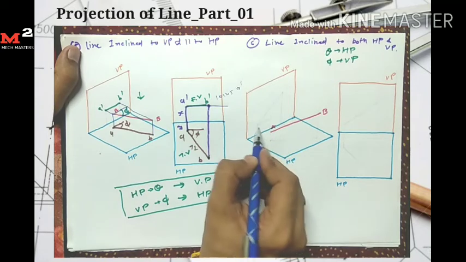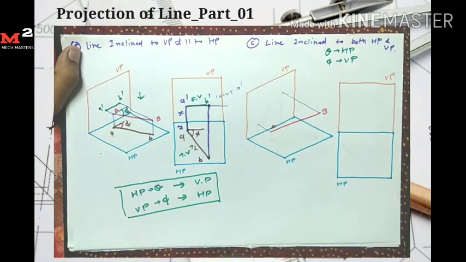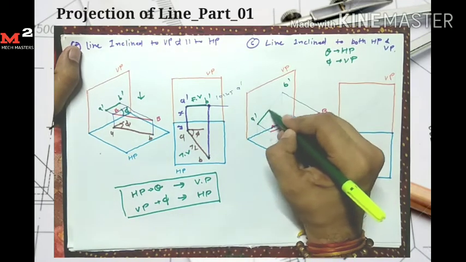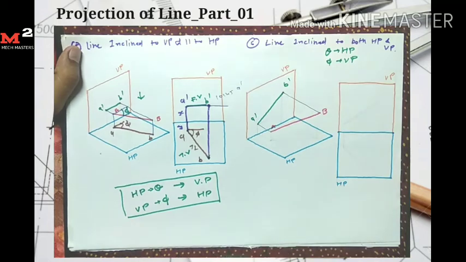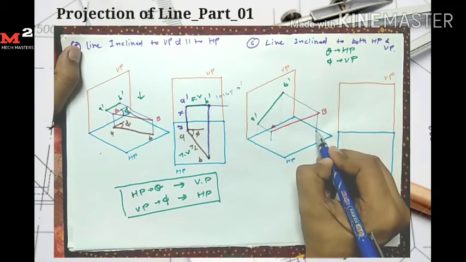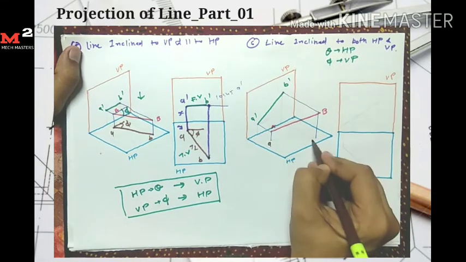For drawing the front view I take the projection on the vertical plane, so I get the two points A dash and B dash. For drawing the top view I take the projection on the horizontal plane, so I get the points A and B here.